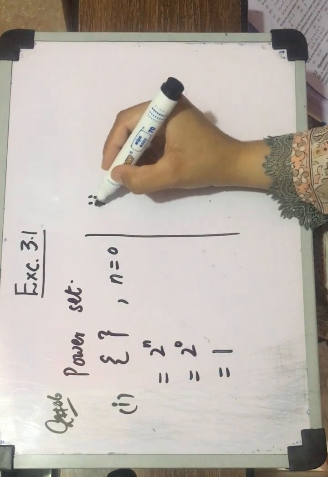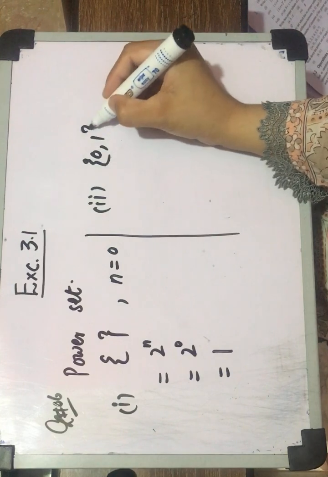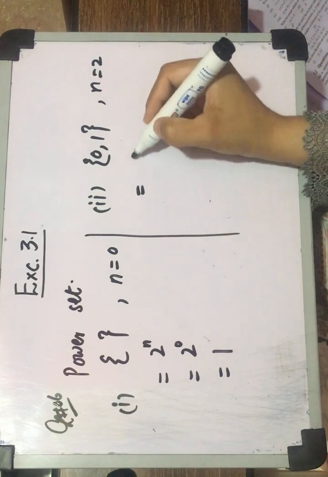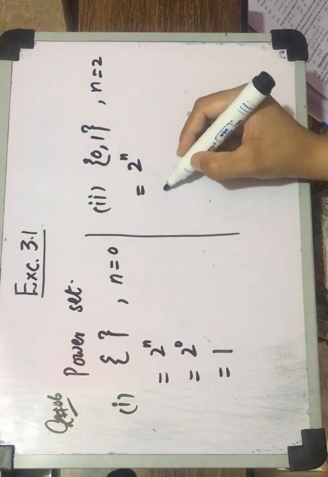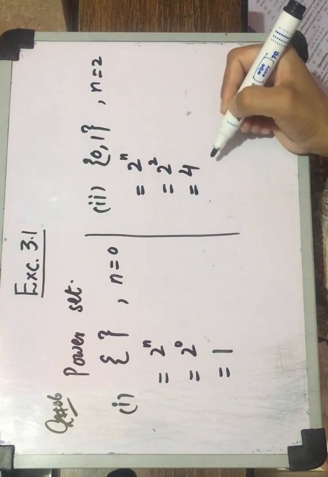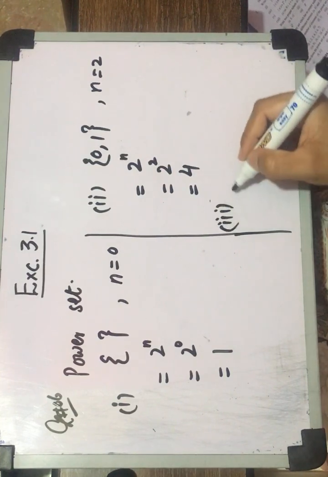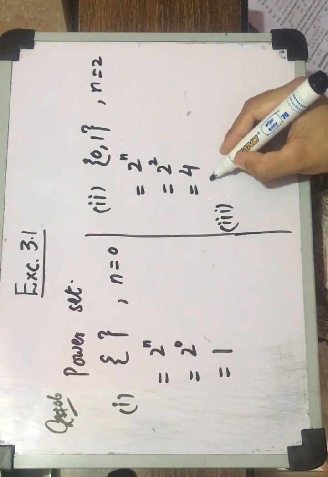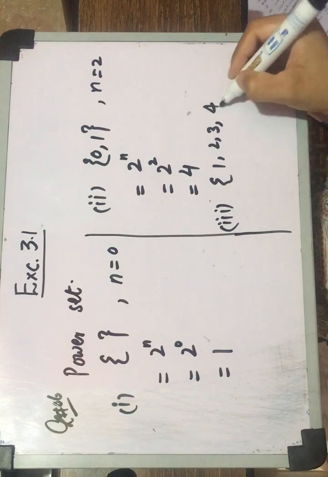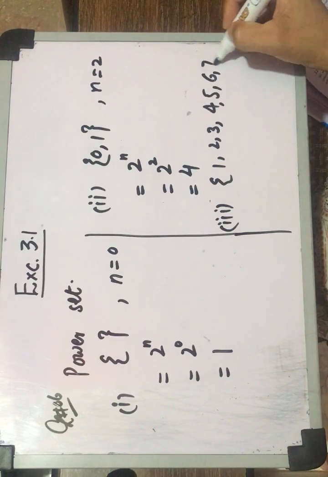Okay, let's take number 2, {0, 1}. Here n is equal to 2. Now use the formula 2 raised to power n, 2 raised to power 2, and we have 4. Okay, number 3, we have a set 1, 2, 3, 4, 5, 6 and 7.